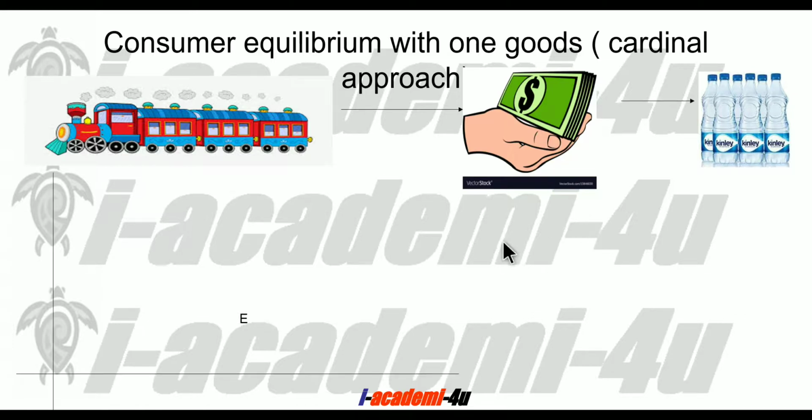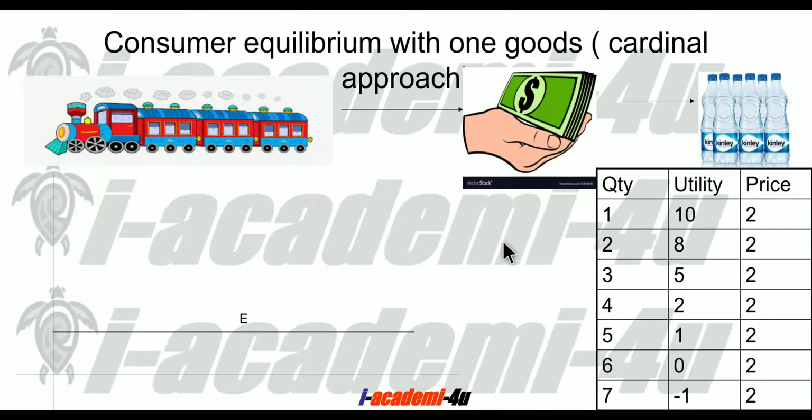Now, this is a graph. I'll come to the graph later on. In the first bottle, you'll be ready to pay $10. Why are you ready to pay $10? Why aren't you ready to pay the amount which is the actual price of it?